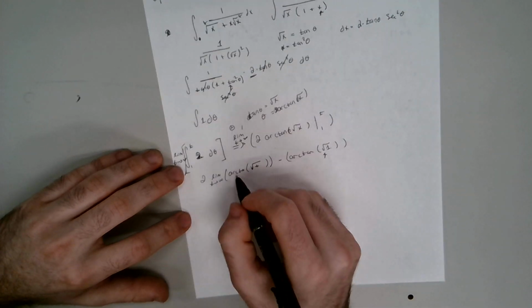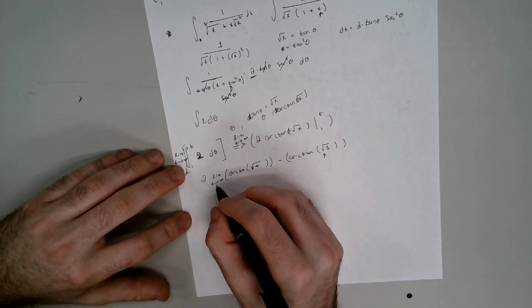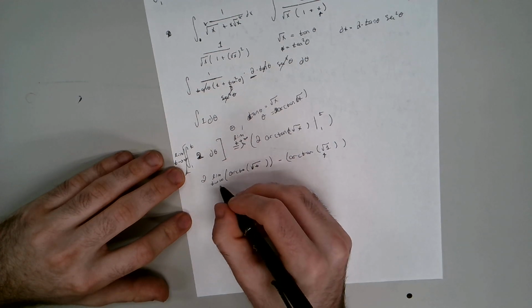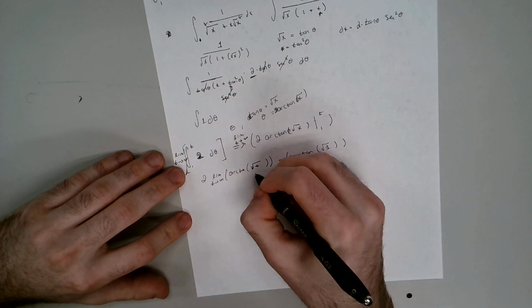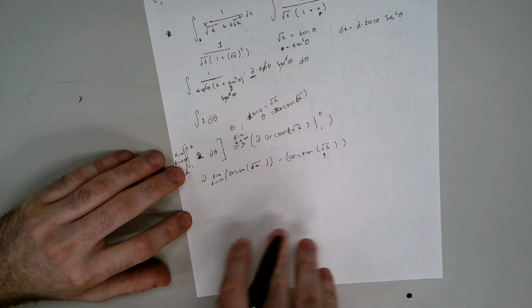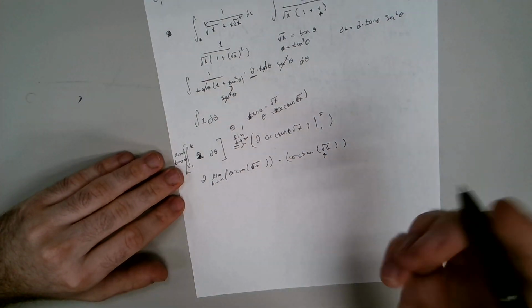But here we can impose our limit as t goes to infinity within this arctangent function. The limit as t goes to infinity of a square root is just going to be infinity.